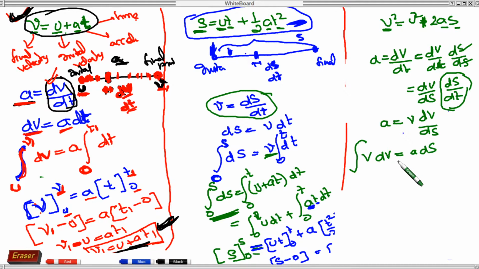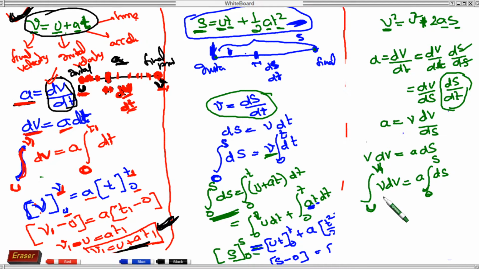We are going to integrate it. v dv is equal to a, which is constant, integration ds. Initial velocity was u, final velocity I am making v1. Initial distance was 0, final distance was s.